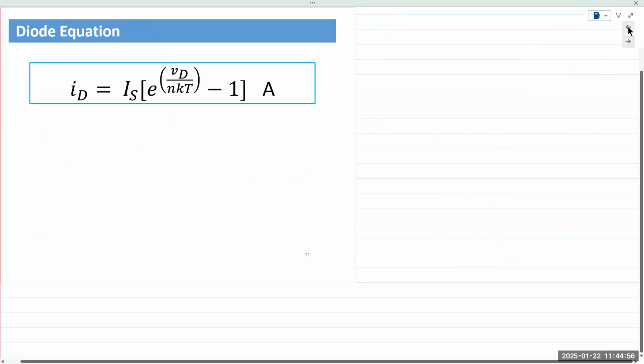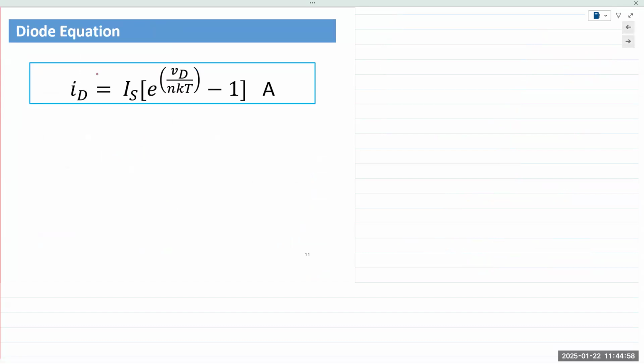So we can describe the diode current as a function of the voltage, ID versus VD. This equation is known as the diode equation. It is also known as the Shockley equation.